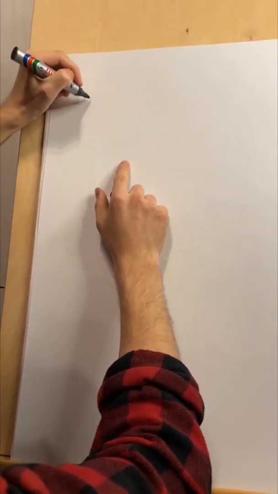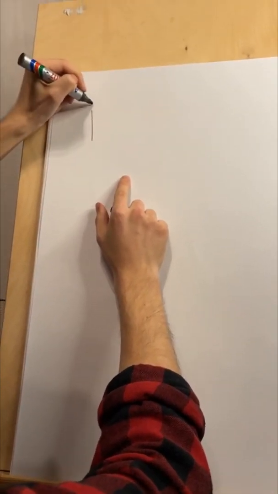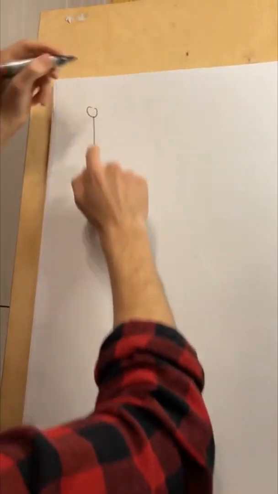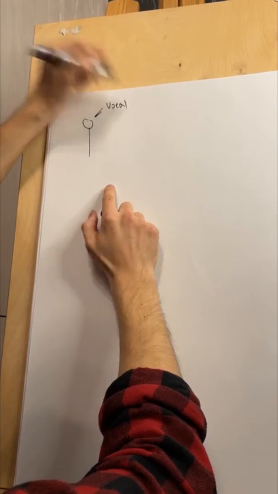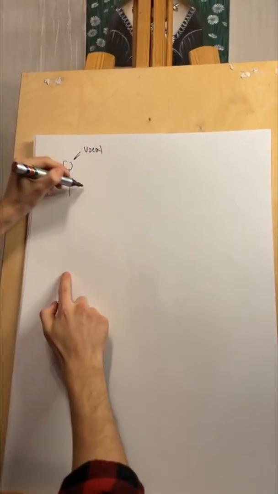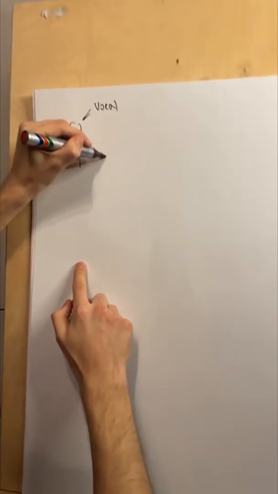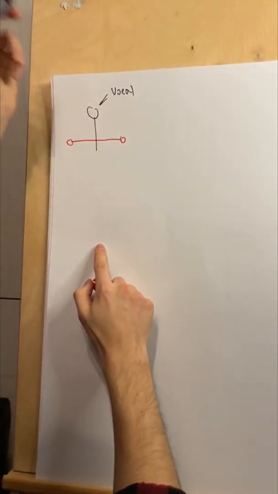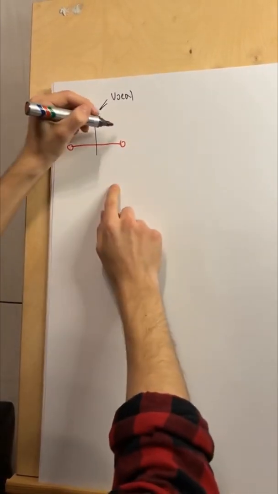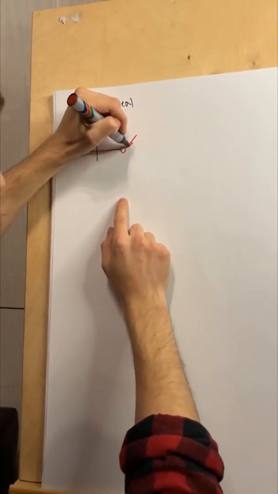I'll try to represent this on the paper. This is going to be, for example, the vocal, okay? And when we don't have a lot of things happening, we could have, for example, the kick and bass.